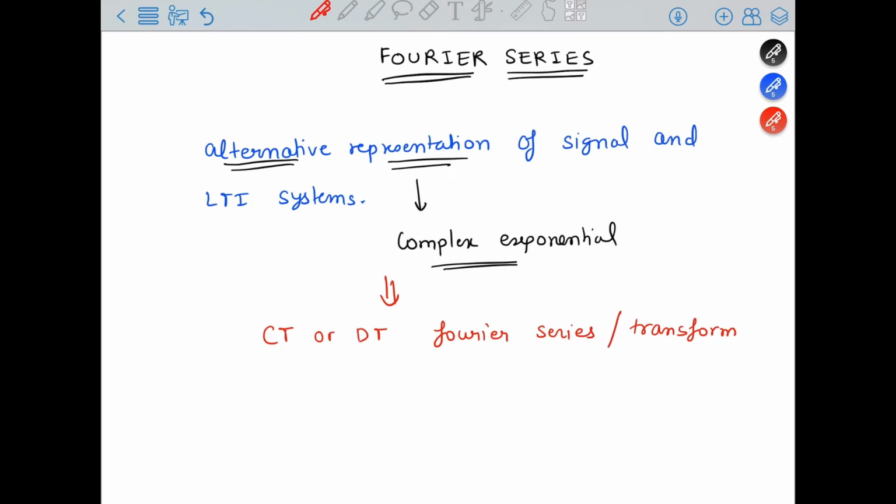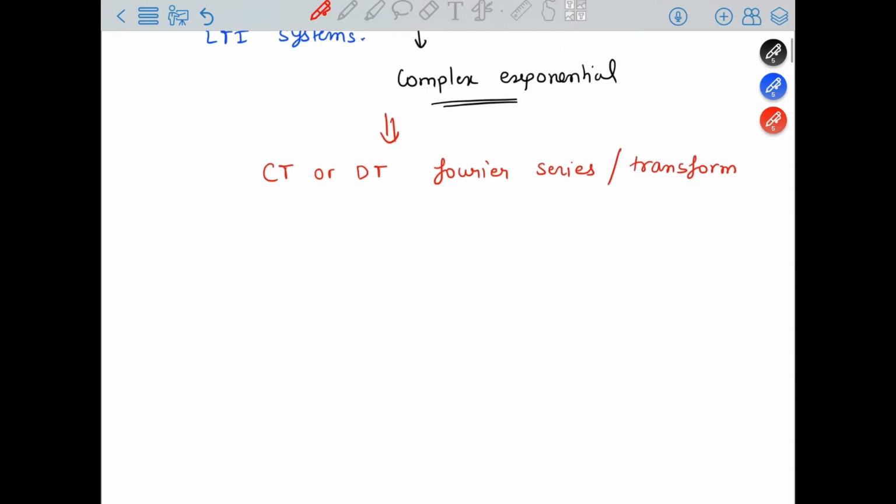So in this video, we will focus on the representation of continuous time and discrete time periodic signals, referred to as Fourier series. So this module is all about Fourier series. Now we'll discuss the response of an LTI system to a complex exponential. This is a very important topic that will bring you the fundamentals for the Fourier series.